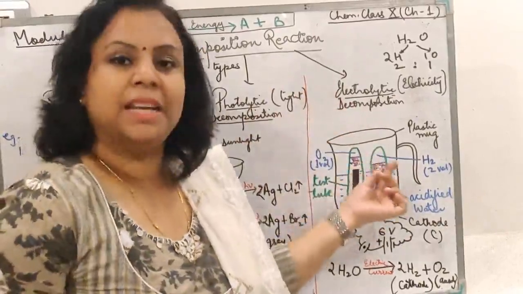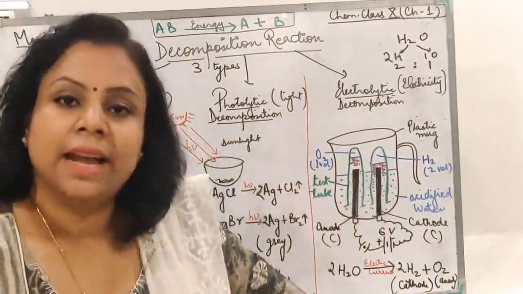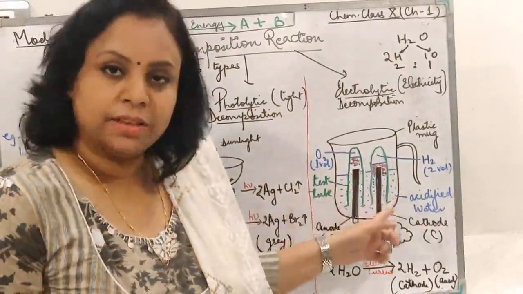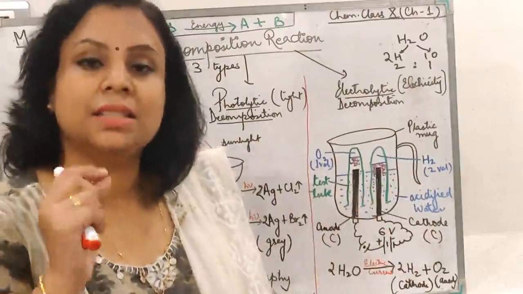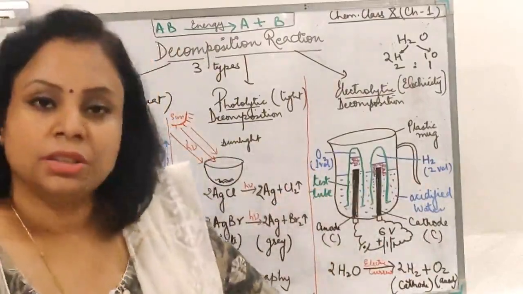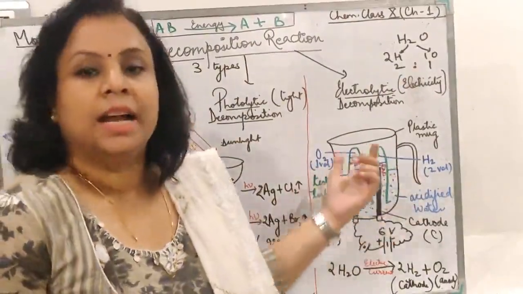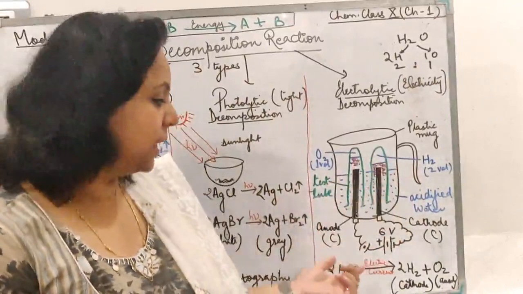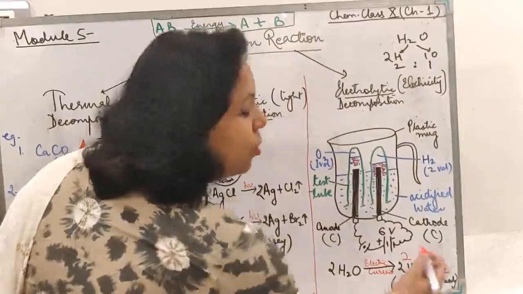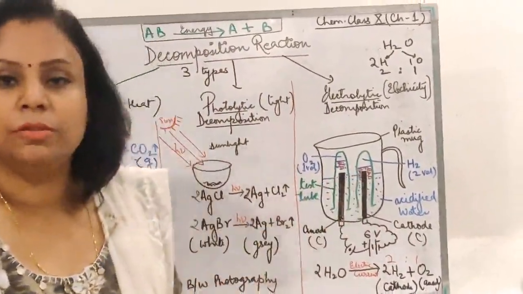Actually, this gap is twice the volume of the gas at the anode. The gas over here, which is hydrogen, is 2 volumes, while at the anode, which is oxygen, it is only 1 volume. Basically, the hydrogen and oxygen gases are released in the ratio 2:1. This is the reason we observe more bubbles over here.